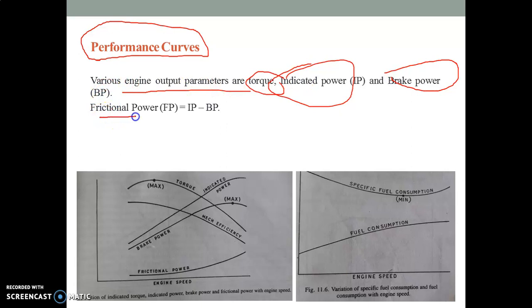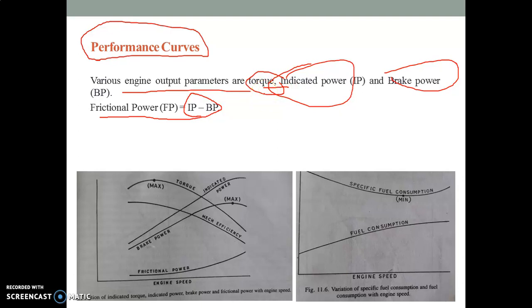Frictional power is the difference of indicated power and brake power. The variation of various engine output parameters is shown here.